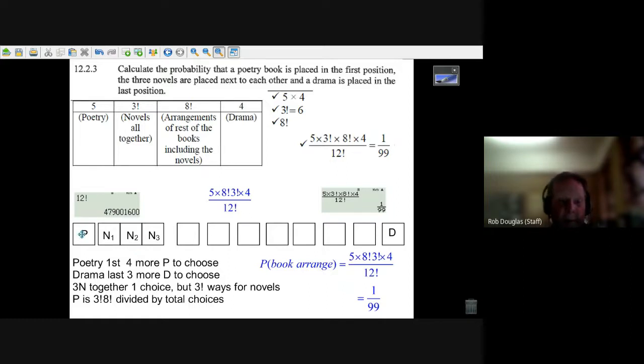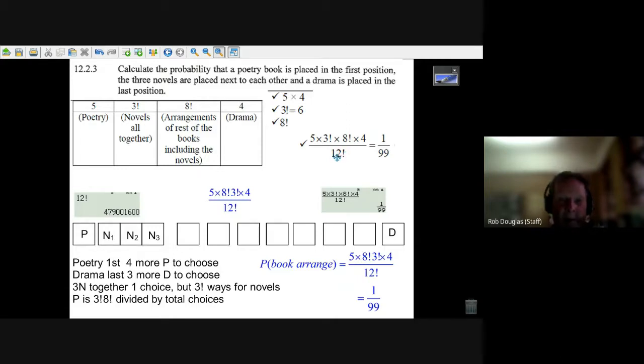Now, let's just go through it. On the very first one, there's five poetry books, so that's five choices right there. At the end, you've got to put a drama book. There's four choices there. Okay. So that's five for poetry, four for drama. Now we're doing a probability over the total number of arrangements. So the total number of possibilities is 12 factorial.